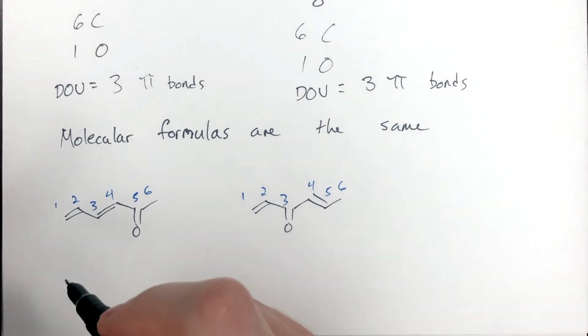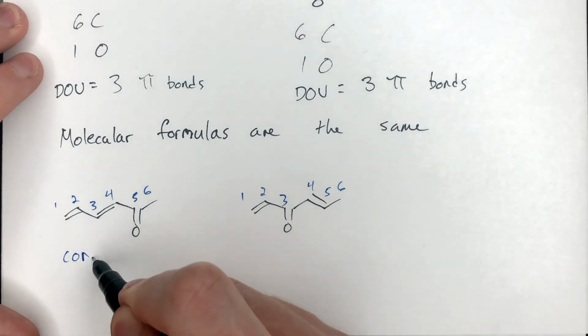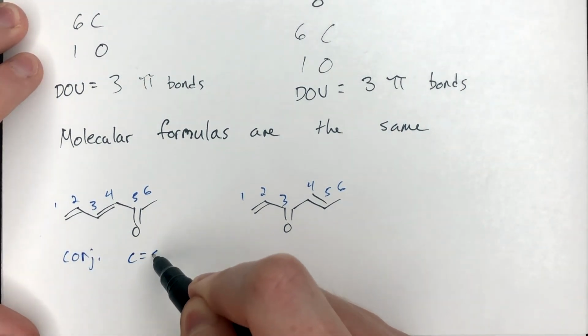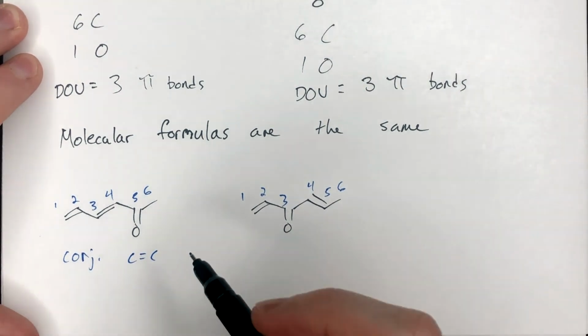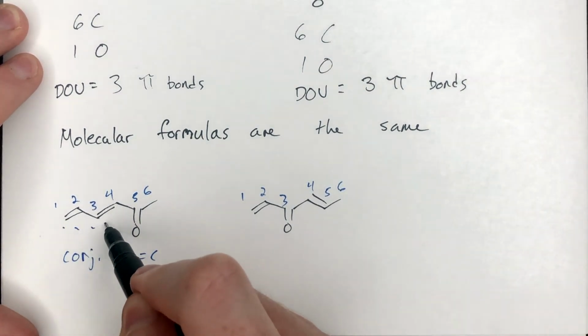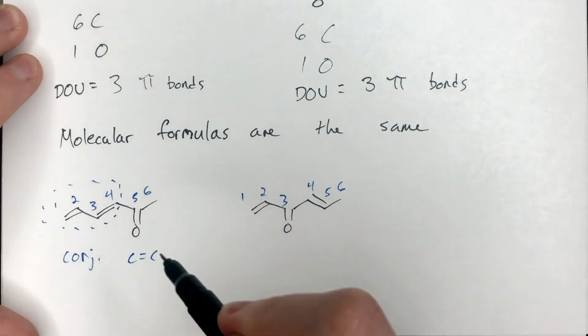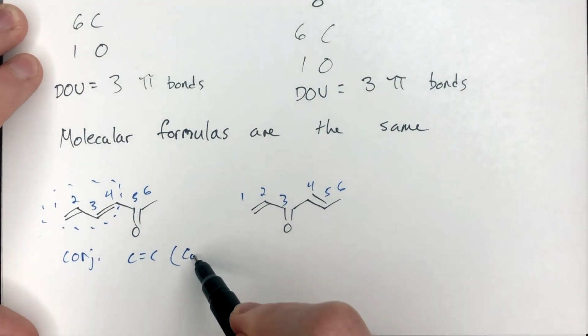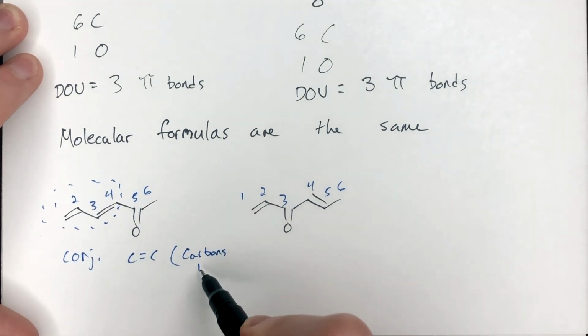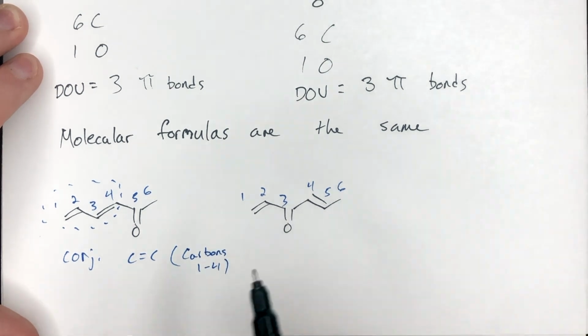Here we have another way of putting it, we have conjugated pi bonds that are carbon-carbon pi bonds in this feature here. Let's say carbons 1 to 4. Right, here we have no conjugation between carbon-carbon bonds.